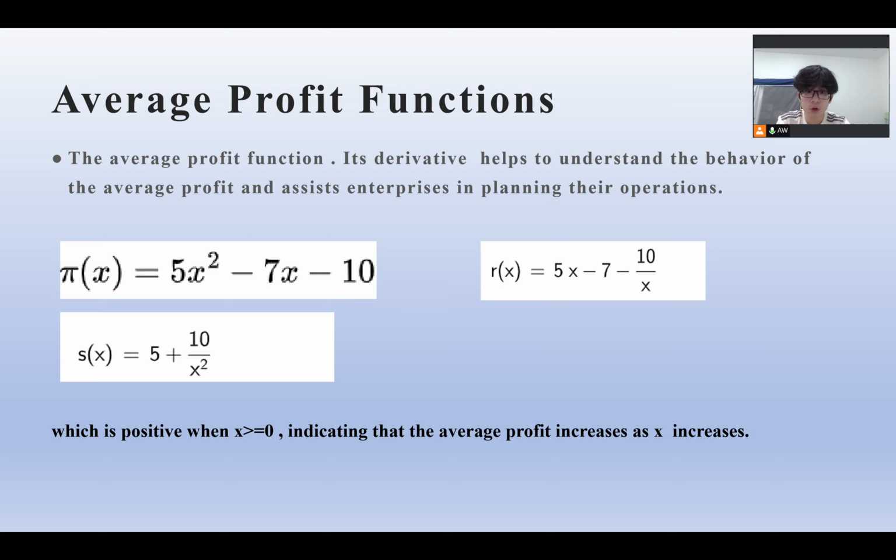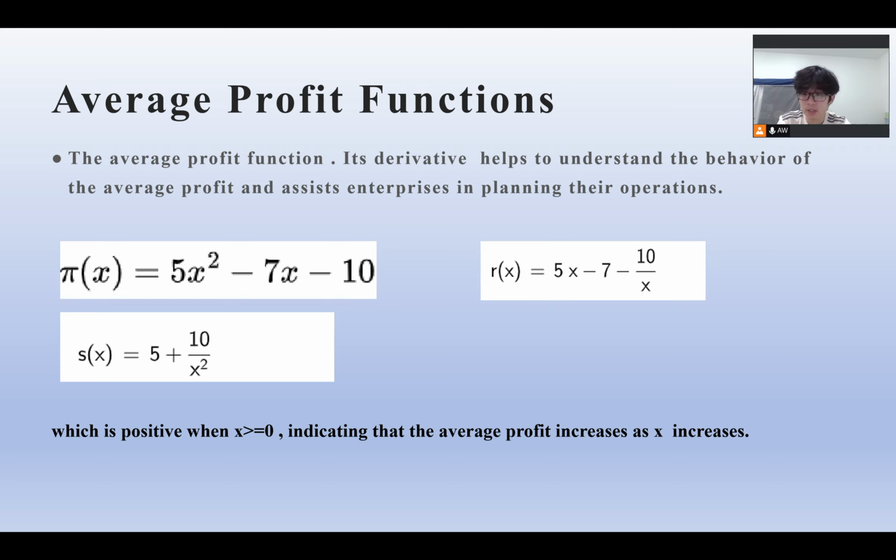And the average profit function is the same. The average profit function, its derivative, helps to understand the behavior of the average profit and assists enterprises in planning their operations. The average profit function is the profit function over the units of the product.